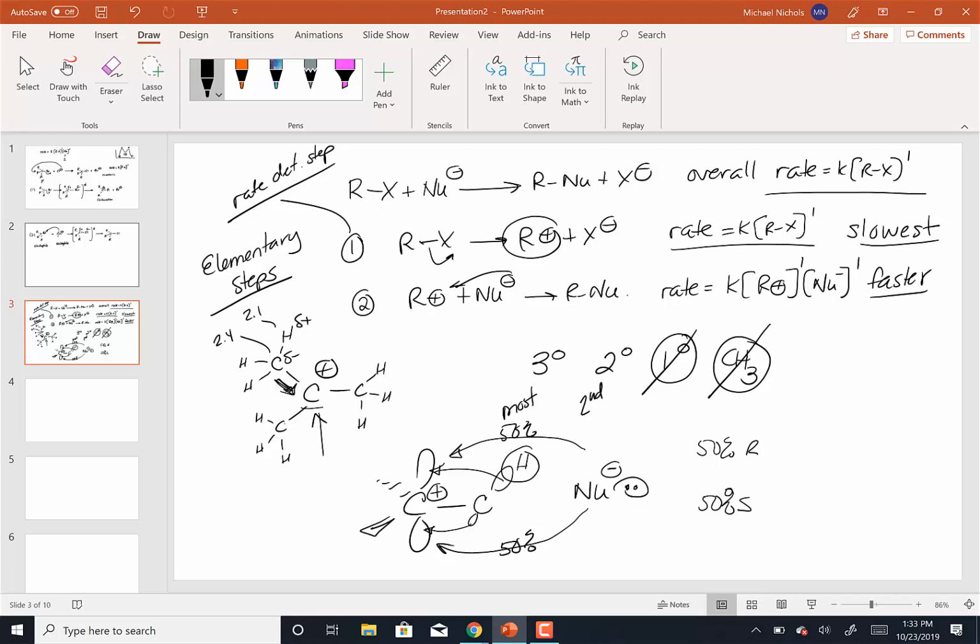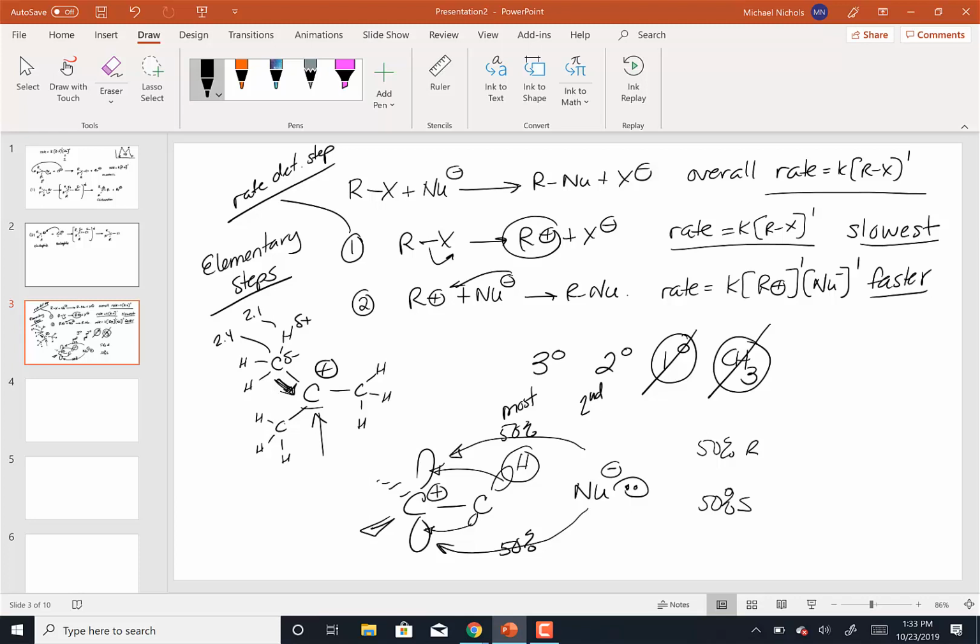So when people proposed this mechanism, one of the things they said was, if your mechanism is true, then when you take a chiral halide and you do the reaction, you should get a 50-50 mixture of enantiomers. And if you don't, then your mechanism is busted.